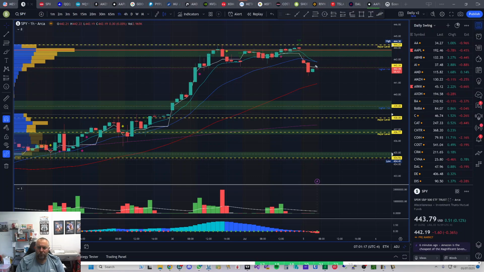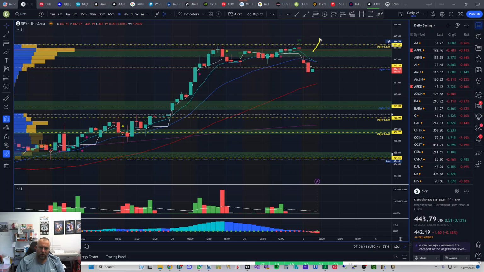I'll be looking for a retest, probably around here, if it pulls back in when the market opens. I'll be looking for 445, this area, for a potential rejection, basically watching the previous high. And again, I'll be watching the same volume profiling as I did for the MES.